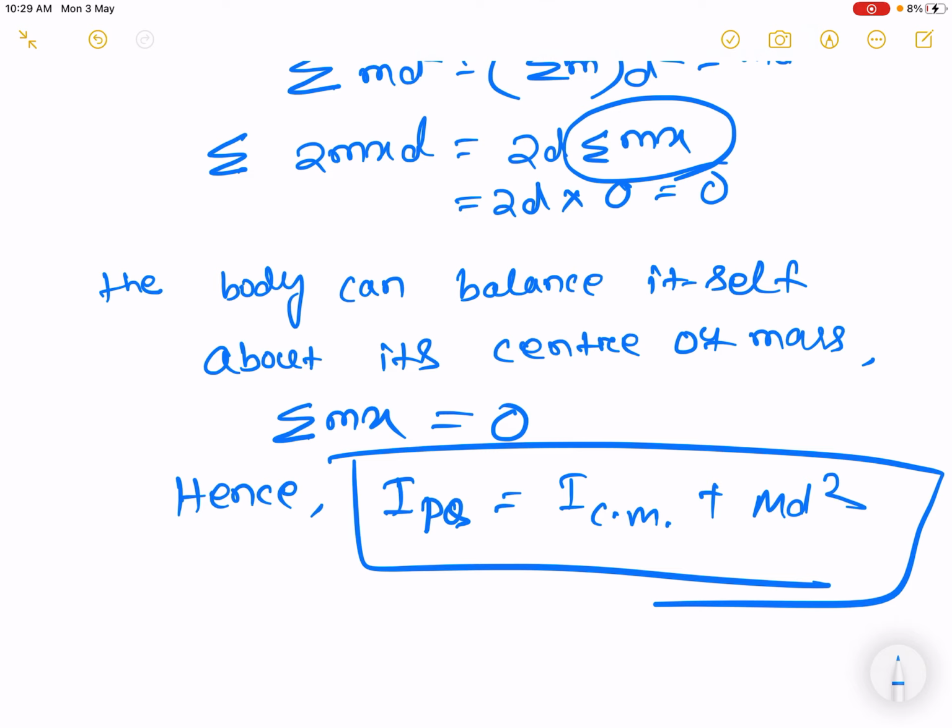Different rigid bodies have different values of moment of inertia about different axes.